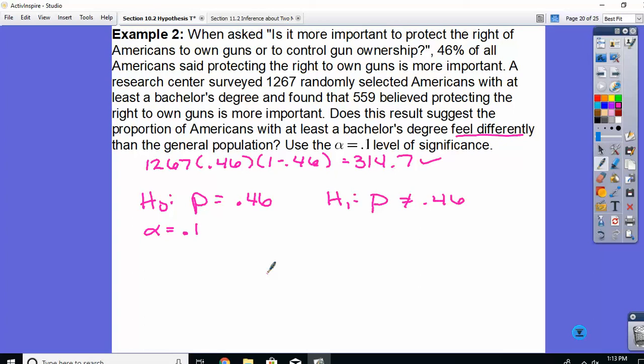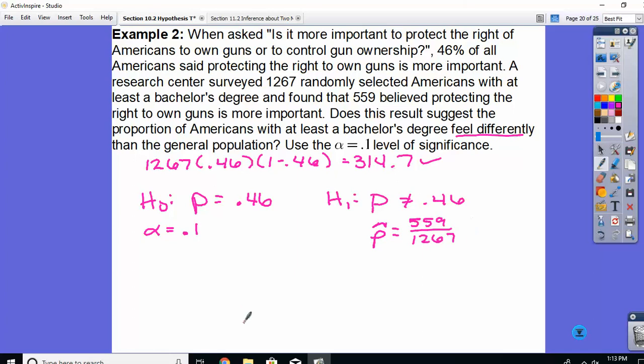on the calculator. So you go stat, test, number 5. My p-value here is 0.46. I'm creative. Same thing twice. My x value, when I'm finding my p-hat, how many people said yes, they believed? So my x is 559. My n, 1,267. My proposition here is not equal.